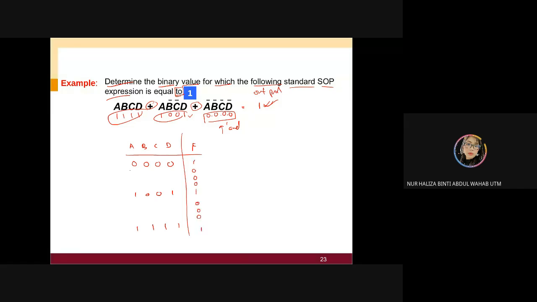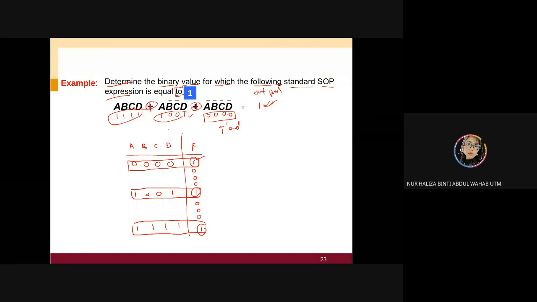Only at this and this and another one, you will get 1 for your output. Why? Because it is all AND. If this is true, then you will get 1. If this is true, this will get 1. This true is going to get 1.